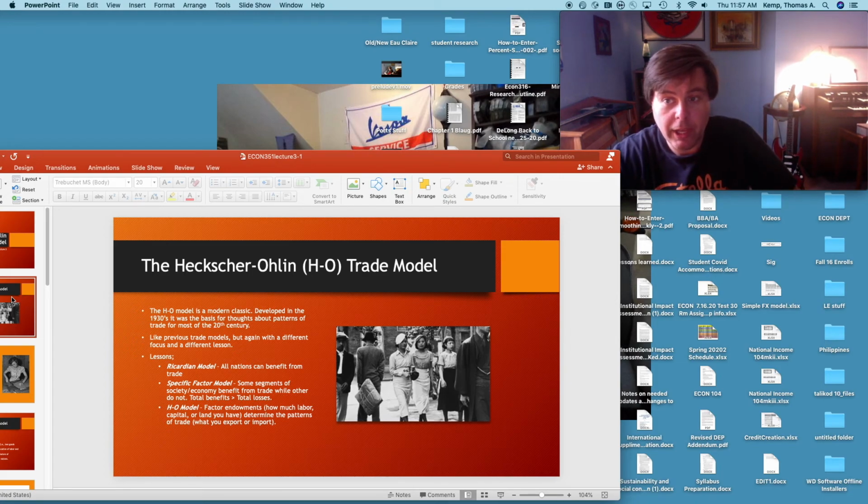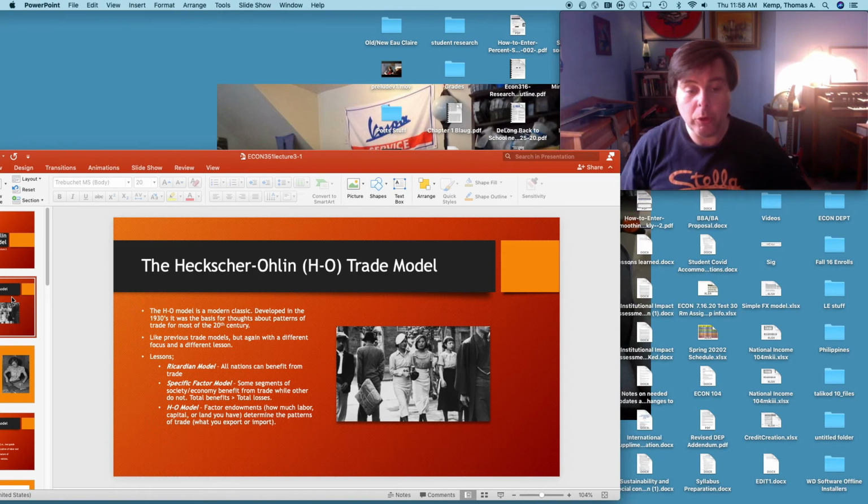So for example, if a nation has a lot of capital relative to other nations, that nation should export goods that are capital intensive. All right. Anyway, let me just say it again. In the HO model, if you're a nation that has a relatively large endowment of capital, meaning you have a lot of physical and financial capital, you should export goods or services that are intensive in that area. All right, we'll talk a little more about that as we go through the presentation.